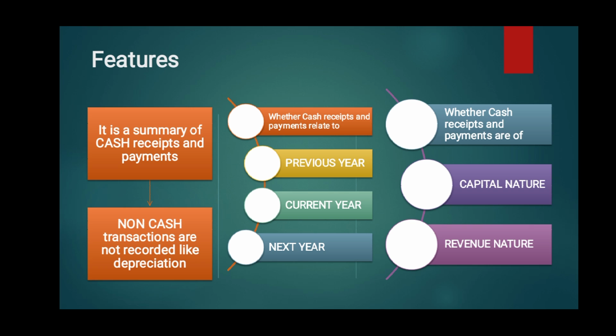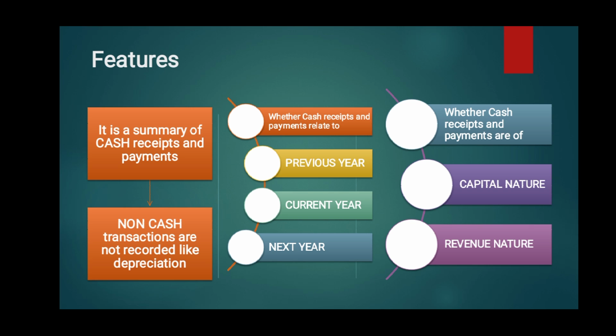Its second feature is whether these cash receipts and payments relate to the previous year, current year or next year, all are recorded. So we can take one example to more clarify this feature, that suppose the taxes paid by a trust in the current year is rupees 10,000 and this 10,000 includes rupees 2,000 for the previous year, that is for 18-19, and rupees 1,000 for the next year, that is for 2021.